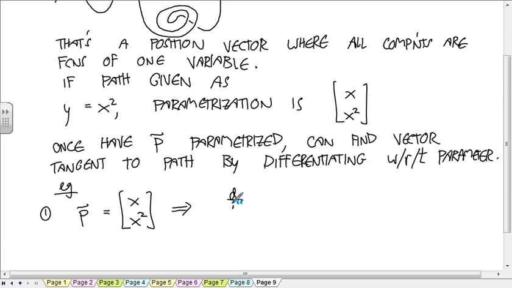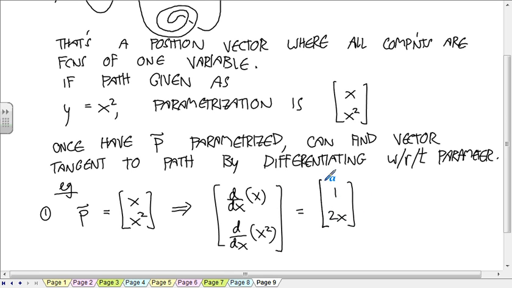So d/dx of x gives you the x component of this tangent vector, and d/dx of x squared gives you the y component. And so you get (1, 2x), and that's tangent to the path at x.